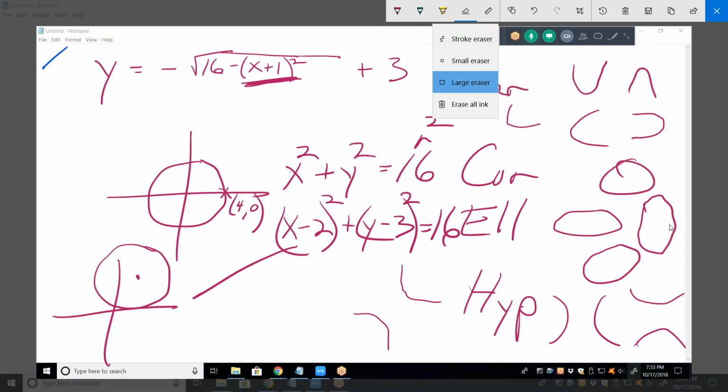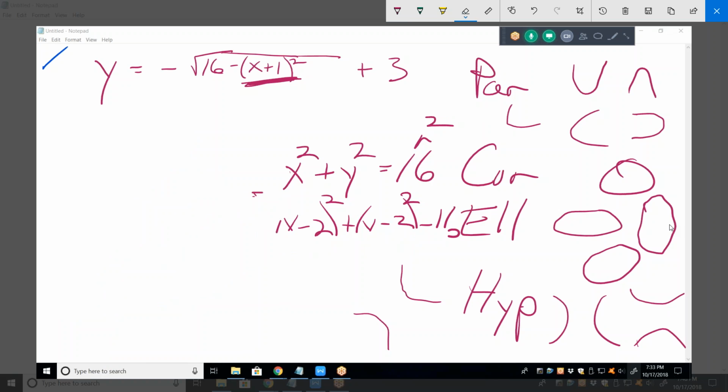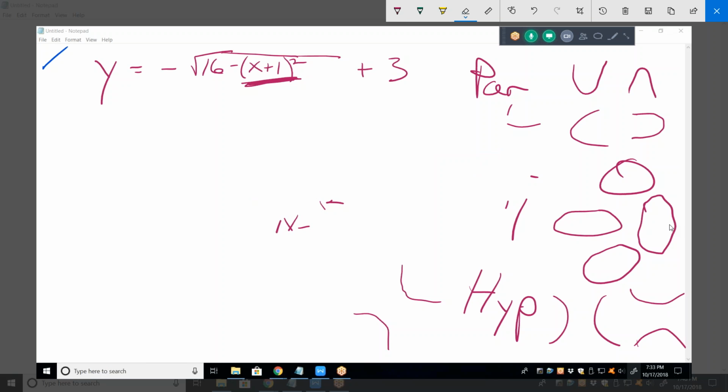Ellipses have a little different format. Ellipses are very similar to circles. The only difference is that they kind of have two radiuses. In other words, if I look over here at my ellipse, I could call that radius A and that radius B. The equation of the ellipse looks something like this.